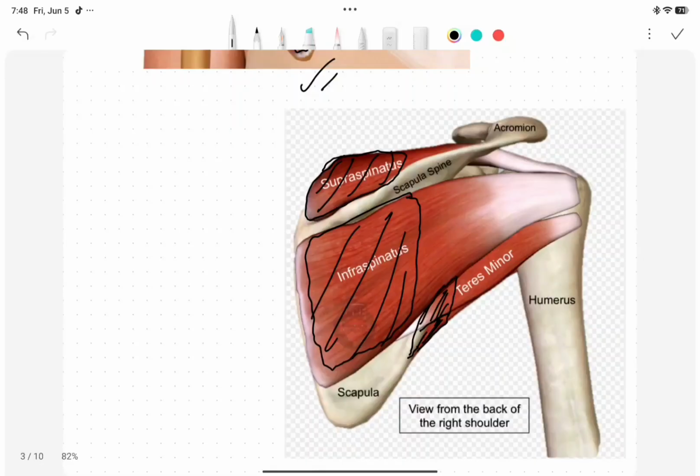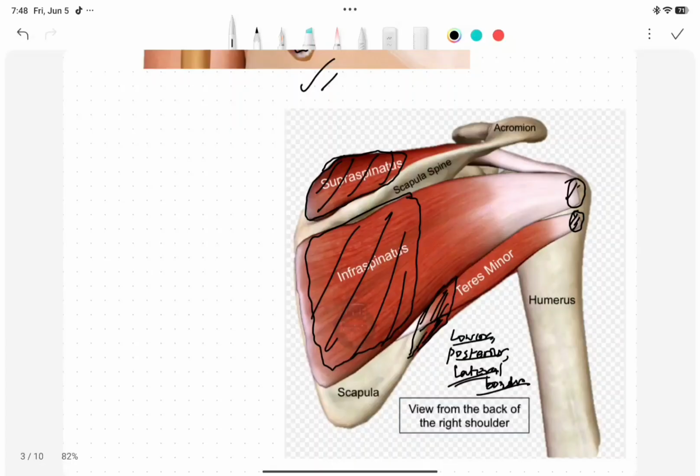This is posterior, and this is the lateral border of the scapula.